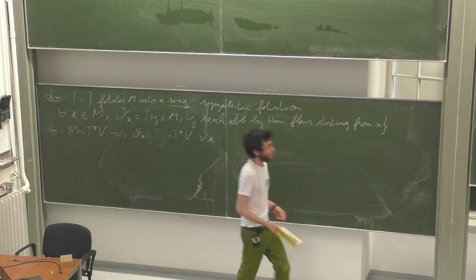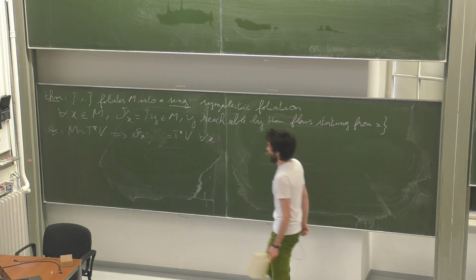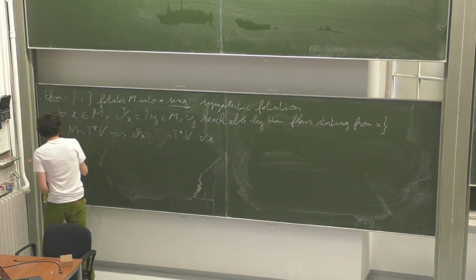For the Lie algebra case, it's provided by coadjoint orbits, and there you already see singularities of the symplectic foliation.